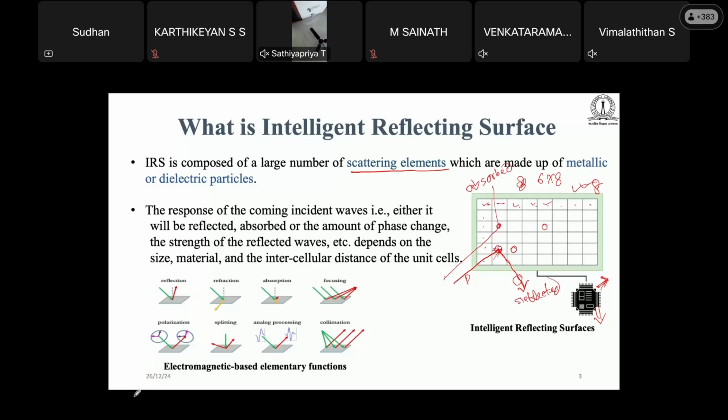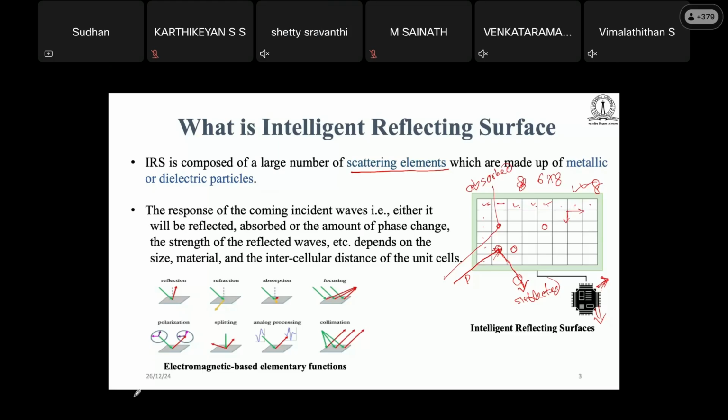This reflection and absorption all depends on the type of material and the size of the material. Size means the width and the height. Based on that, we can also design the loss and many things.